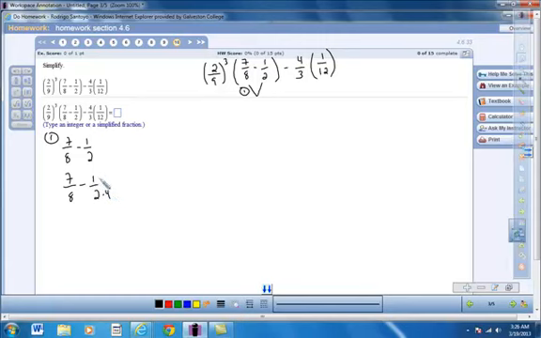So multiply the second fraction by 4. We'll get 7 over 8 minus 4 over 8, which gives us what? 7 minus 4, 3 over 8. Replace that by 3/8, put in parentheses, and just rewrite everything else.